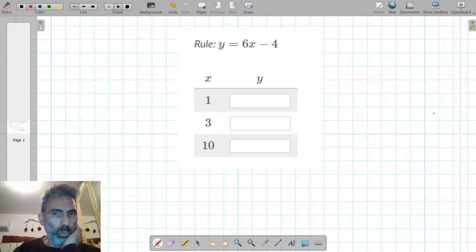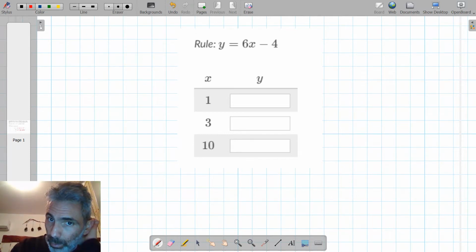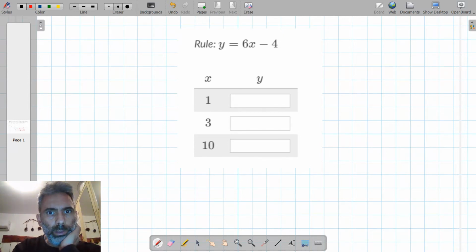The rule is y equals 6x minus 4. So if x is 1, then y equals 6 times 1 minus 4.